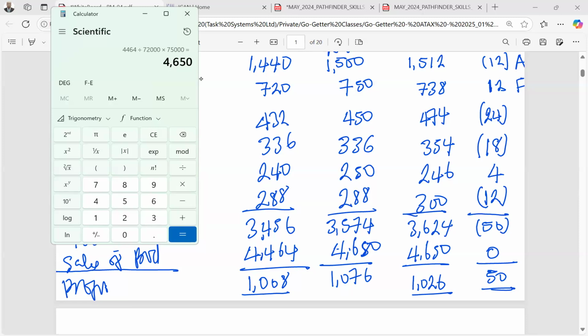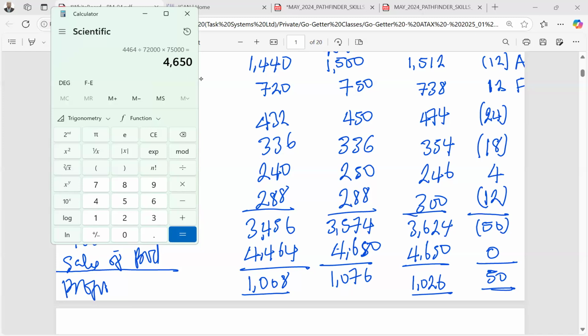So now, looking at this, your budget, you spent too much, you spent higher than your budget. Your sales was the same. That means your budgeted profit is more than your actual profit.